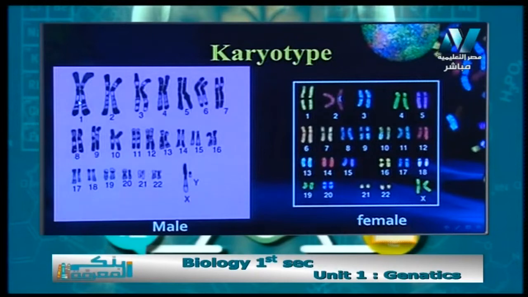From pair 1 to pair 22 carry autosomes, all somatic informations in male and females. But pair number 23, we call it sex chromosomes because it carries information that determines the sex of the embryo.